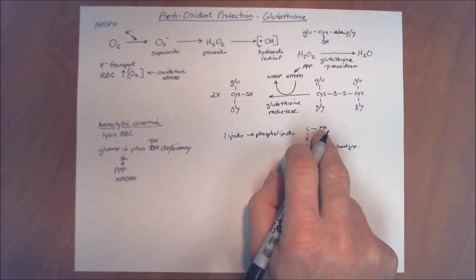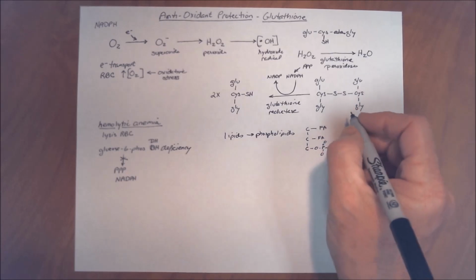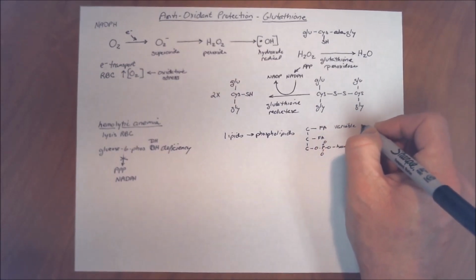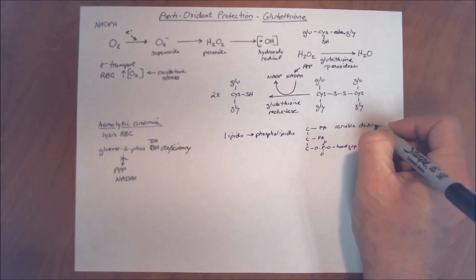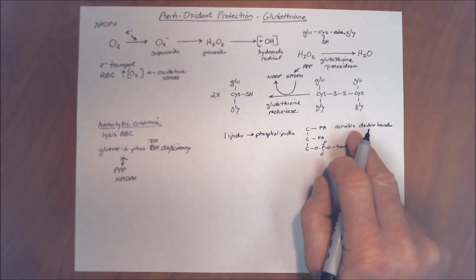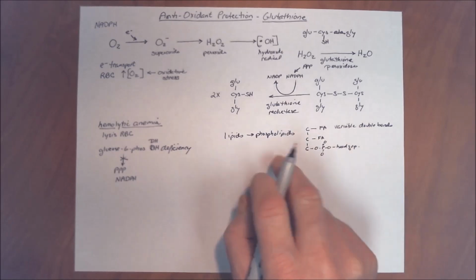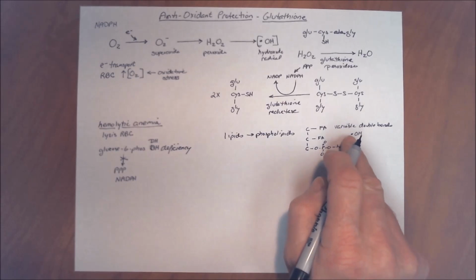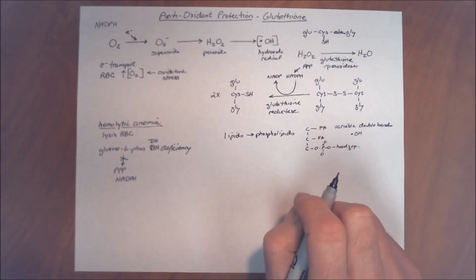Phospholipids can have fatty acids with a variable number of double bonds. Double bonds are a highly reactive target for hydroxide free radicals because this unpaired electron will go after those double bonds.